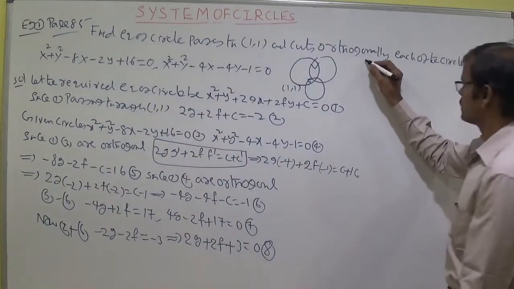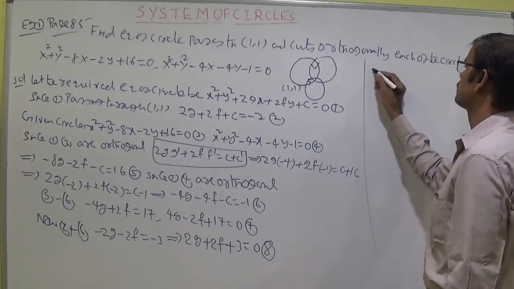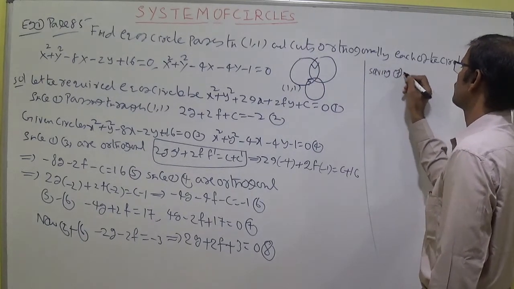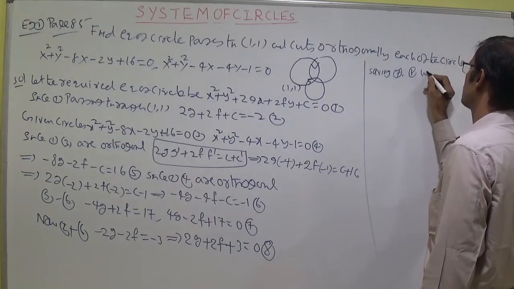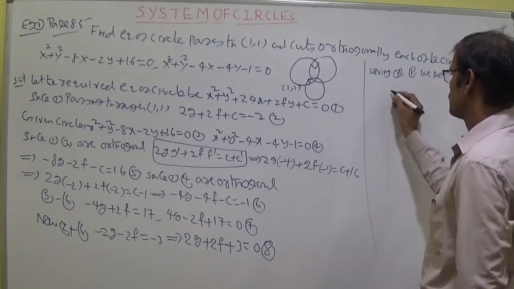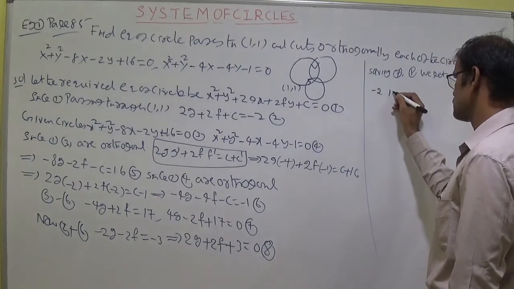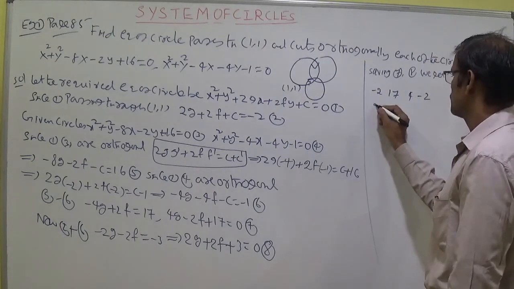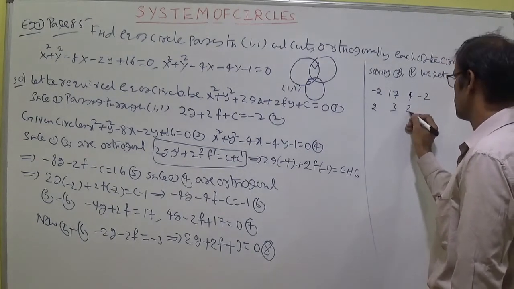Solving 7 and 8 we get: minus 2, 17, 4, minus 2; here 2, 3, 2, 2.